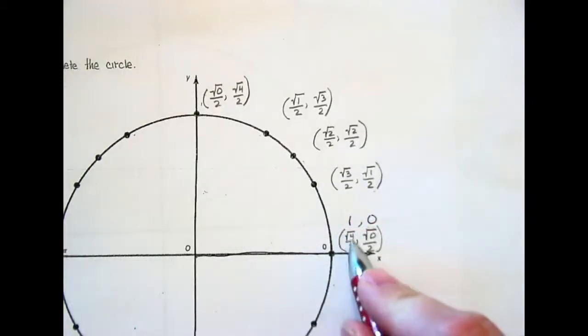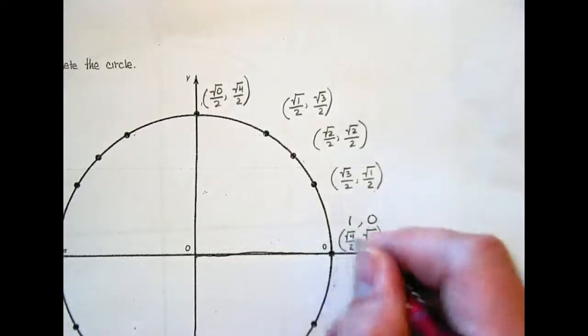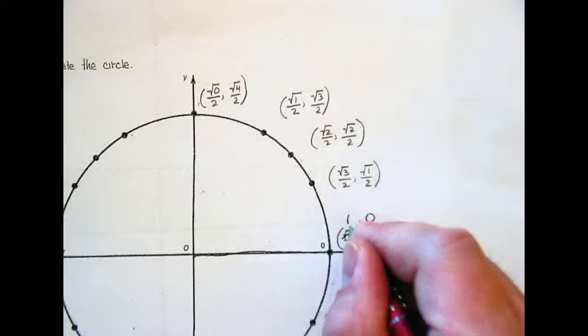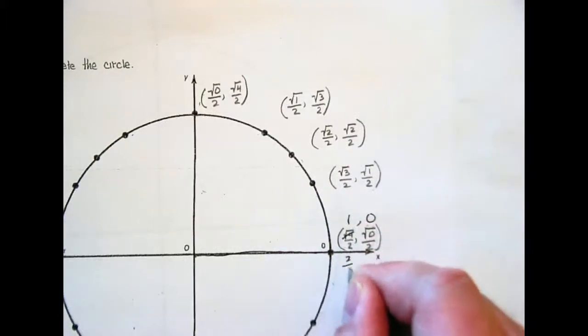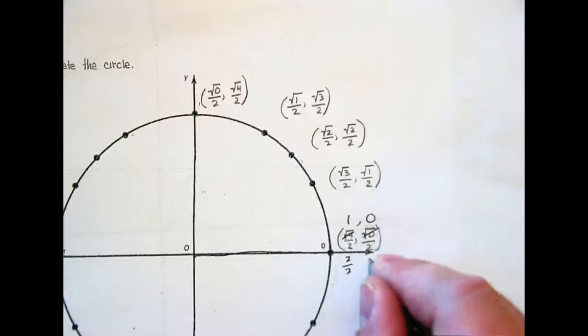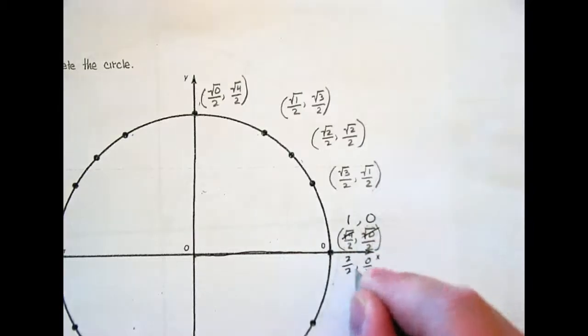Well, root 4 over 2 is the same thing as 2 over 2, which is 1. And this is the same thing as 0 over 2, which is 0.